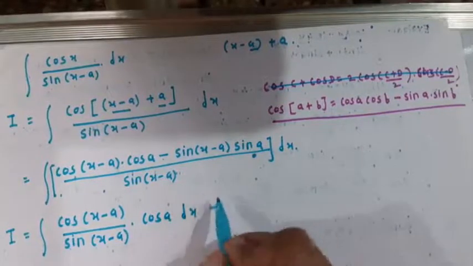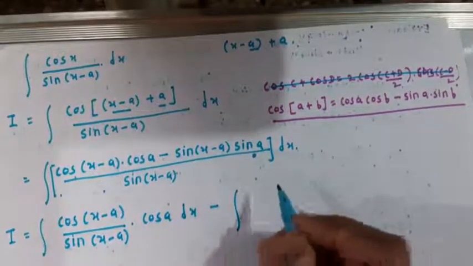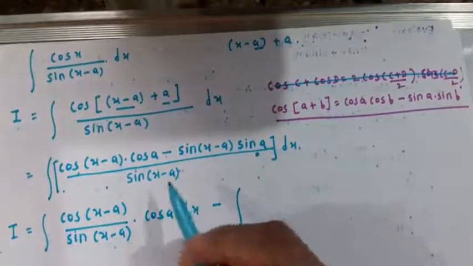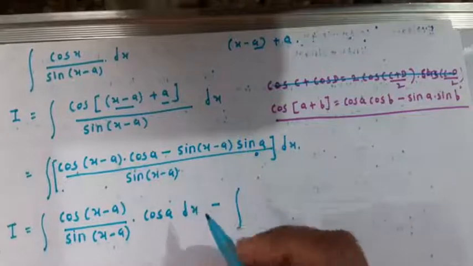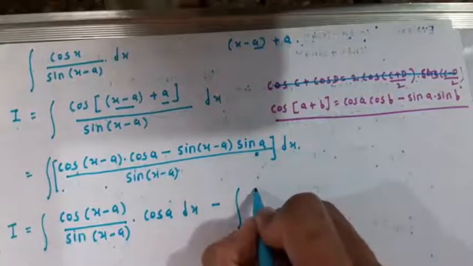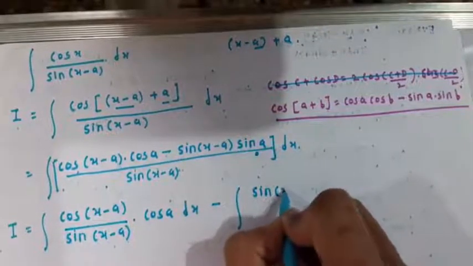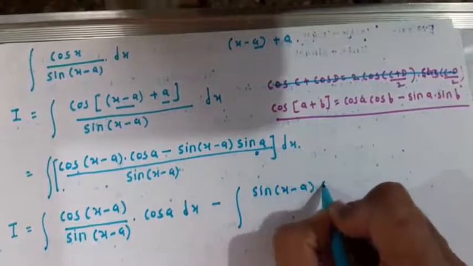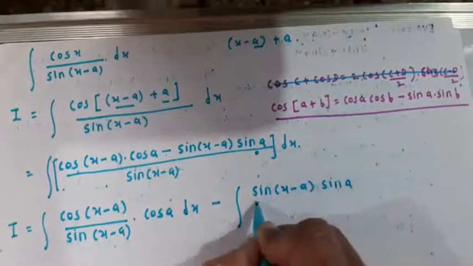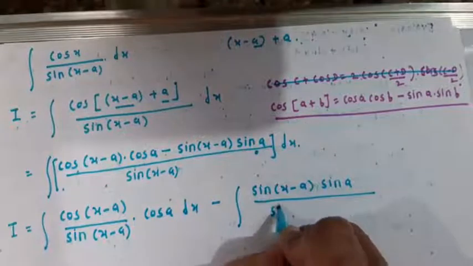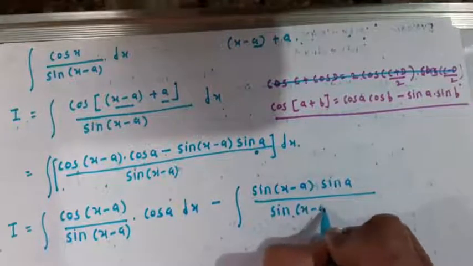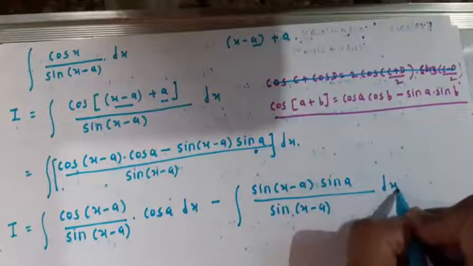Directly now we consider their limits also, separating. By separating the terms, let us take their integration separately: the second term is sin(x − a) into sin a upon sin(x − a) with respect to x.